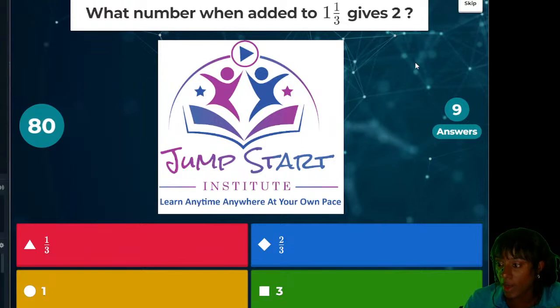What number when added to 1 1/3 gives you 2? 2 represents a whole number. 1 1/3, that's a mixed number made up of a whole number and a proper fraction.